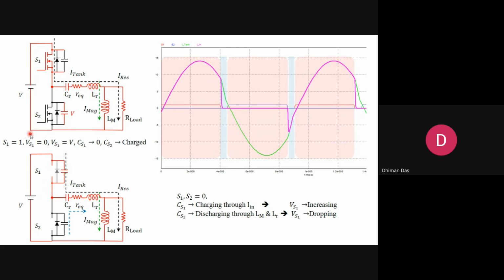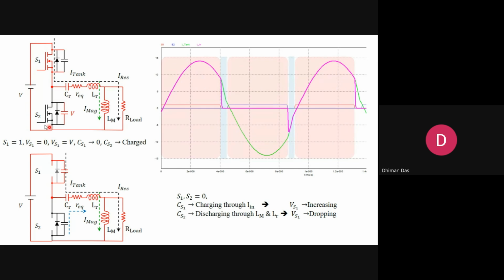Okay, so let's start with the first switching sequence when S1 is on. When S1 is on, the voltage across the switch S1 is 0 because it is turned on, and the voltage appears across S2.